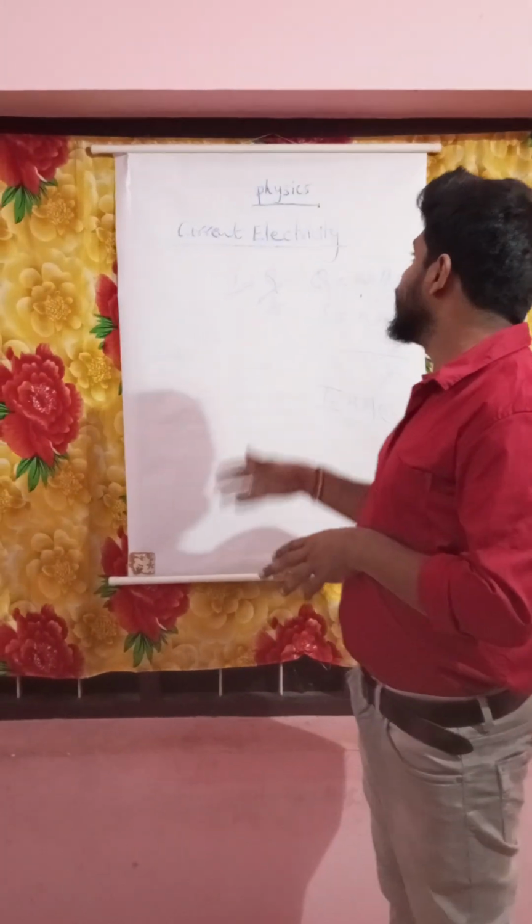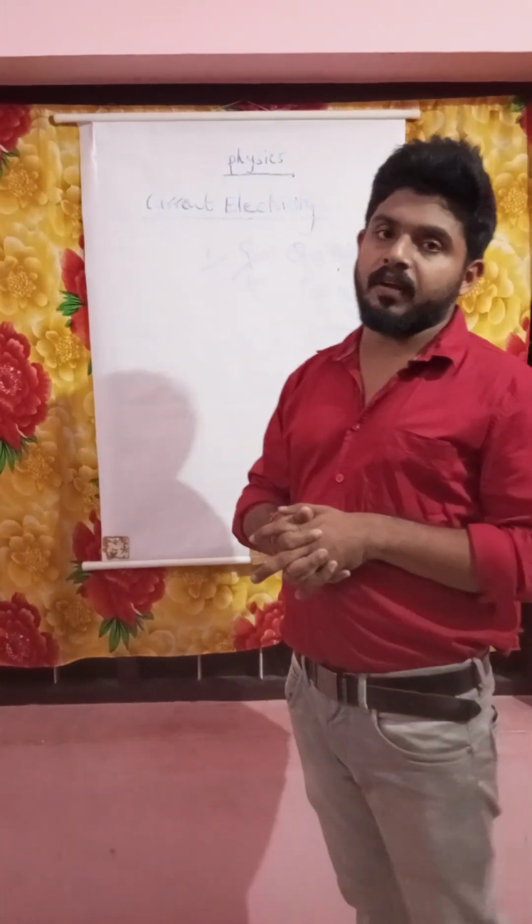Now we are going to an important topic from current electricity, the relationship between drift velocity and electric current. What is meant by drift velocity? When the negatively charged electrons pass through a conducting wire, they produce current. When moving, they are drifting from one place to another inside the conducting wire.